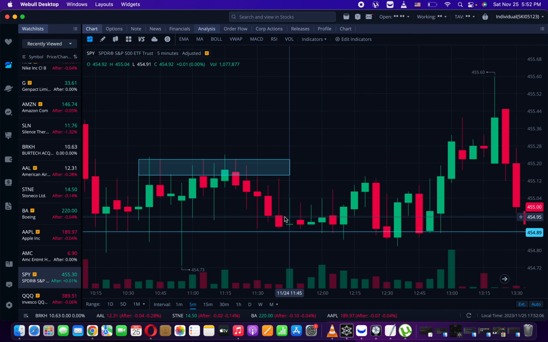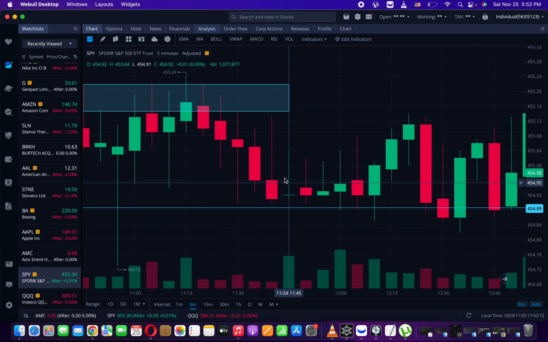Now, this candle here, we've got a massive wick above the candle, which would only indicate that maybe there's just a reshuffling of the stock, right? The buyers are switching to sellers, sellers switching to buyers, right? So we get a reshuffle here.